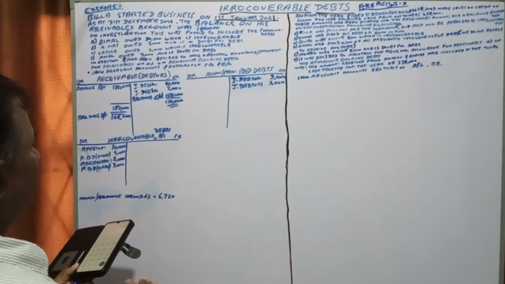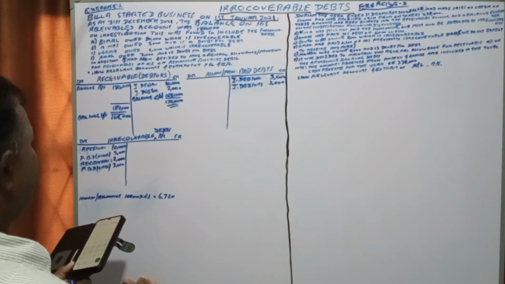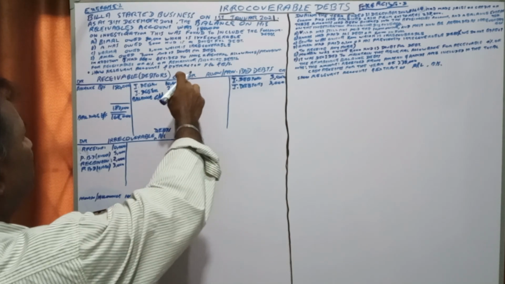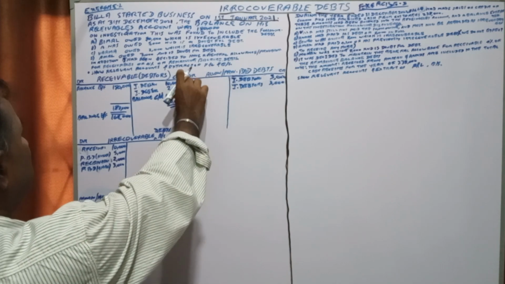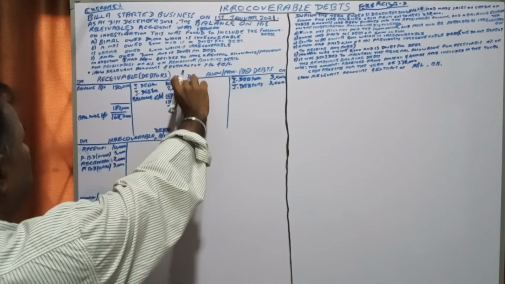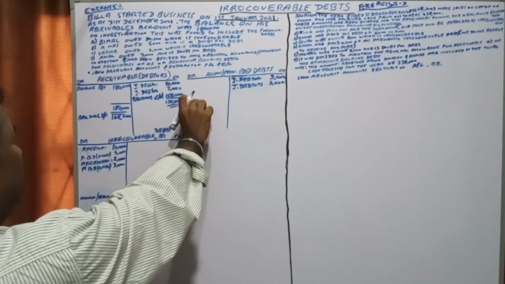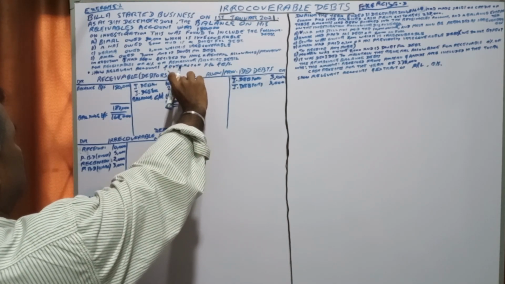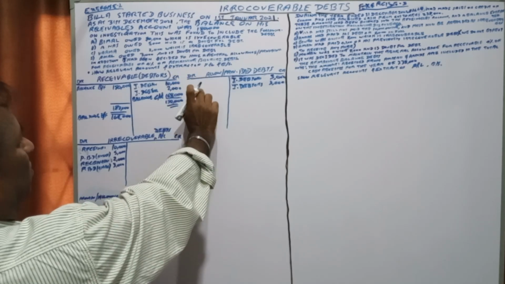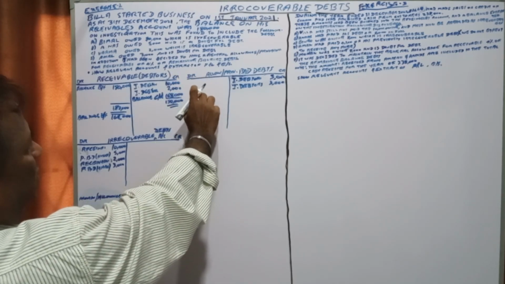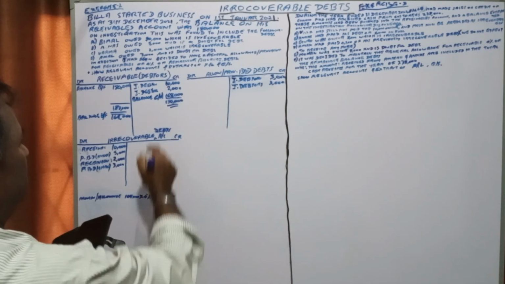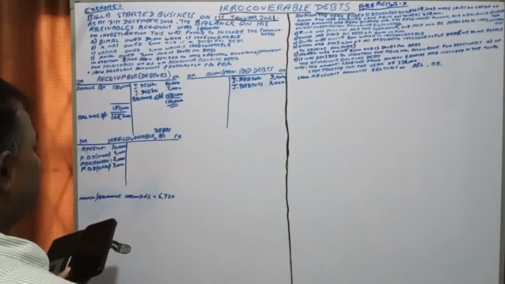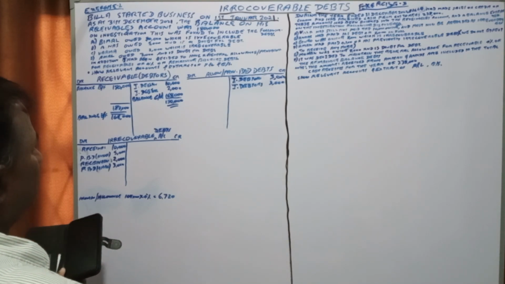Bad debts written off of 12,000 directly, we don't need to calculate the allowance for.